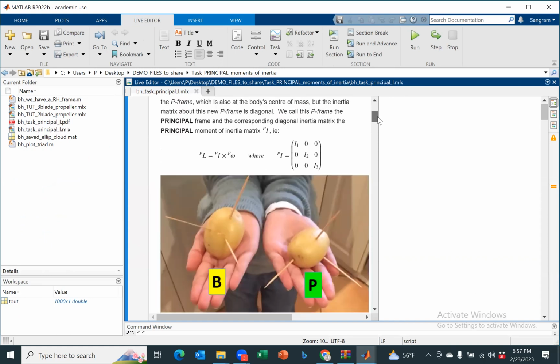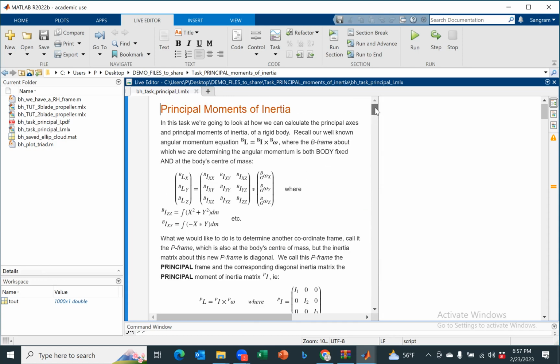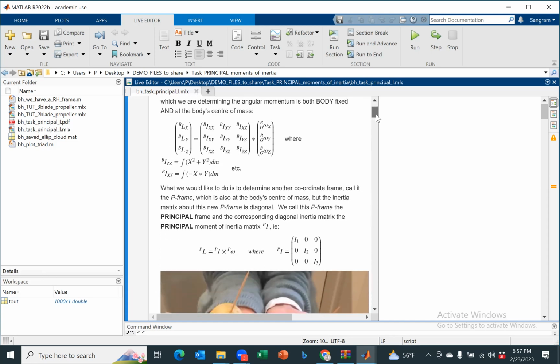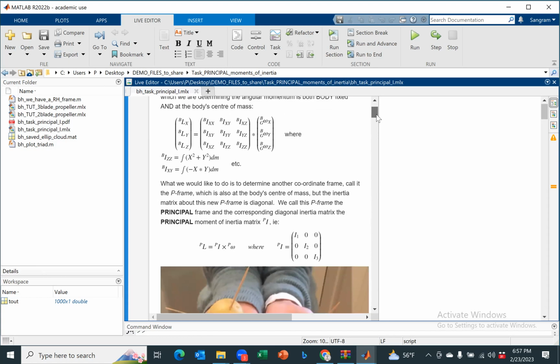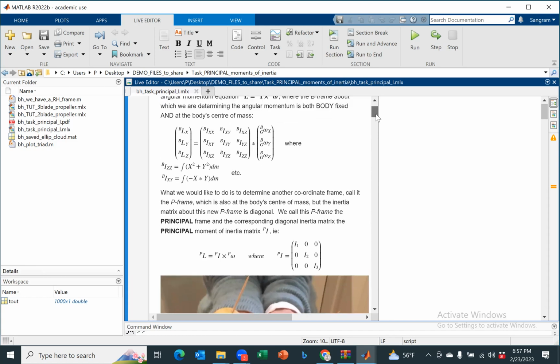So look here. You have two potatoes, and the axes are different. One is principal, one is non-principal. The key takeaway here is I want you to read through this carefully. It's a lot of fun. It summarizes all the discussion that I had in robotics 1 and robotics 2.